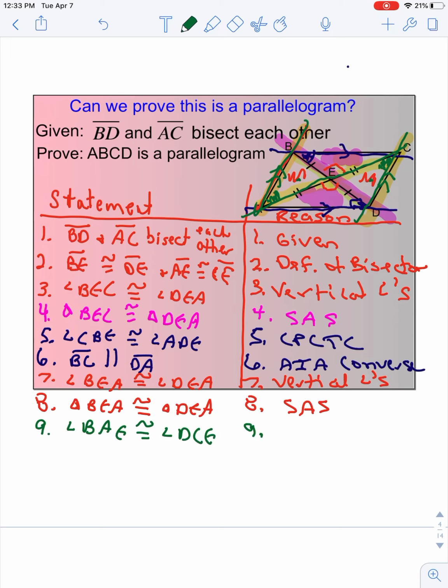And again, that is by CPCTC, which now gives me the fact that those two angles are congruent.